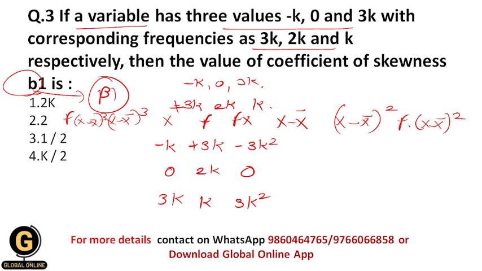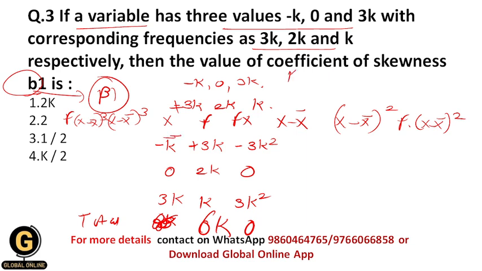And do the total of this at the end. So here the total of the frequency will be 6k, and the total of this fx will be 0. Fine.